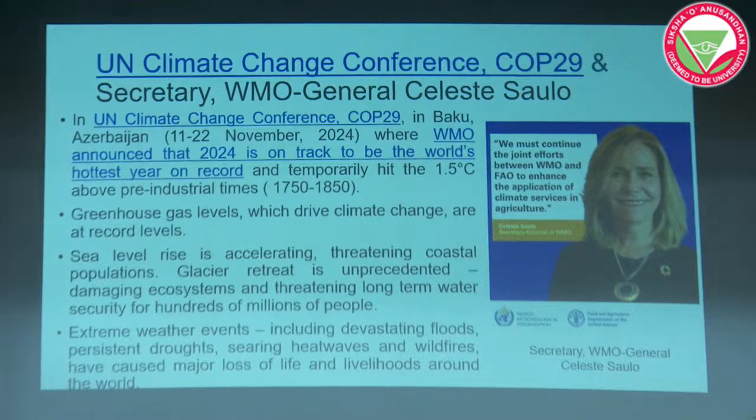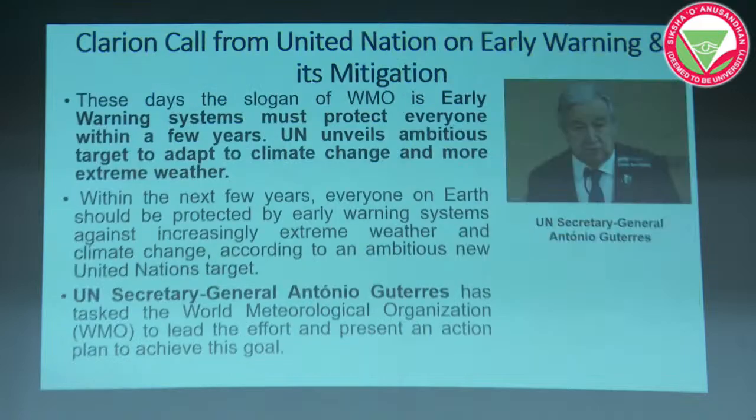So many organizations are working, but the World Bank, the United Nations and WMO are very concerned about how to tackle this globally and regionally. The UN is not isolated; they are working with the World Bank and WMO, and they say early warning will be the next challenge.